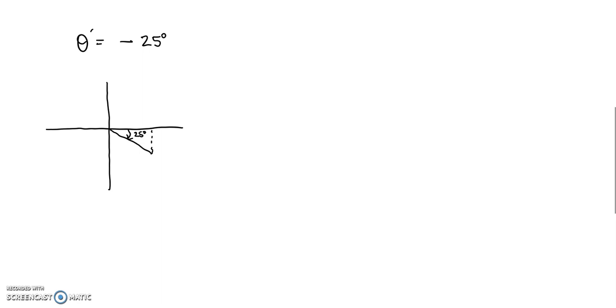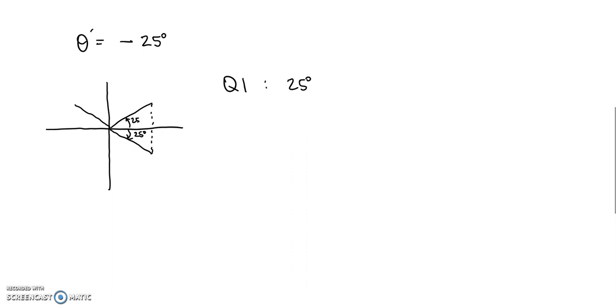If we wanted to put that in quadrant 1, which we normally wouldn't do because if it's negative, we want it in the negative quadrants and everything's positive in quadrant 1, but for argument's sake, it would just be 25 degrees. Same triangle in quadrant 1 is 25 degrees.